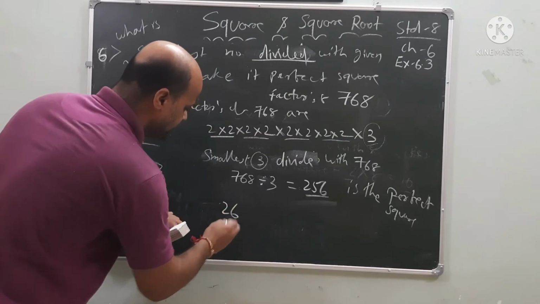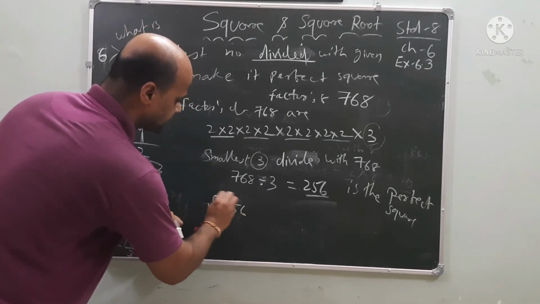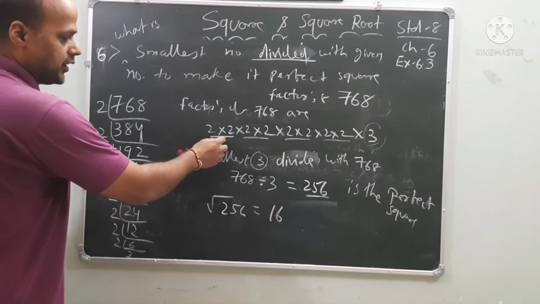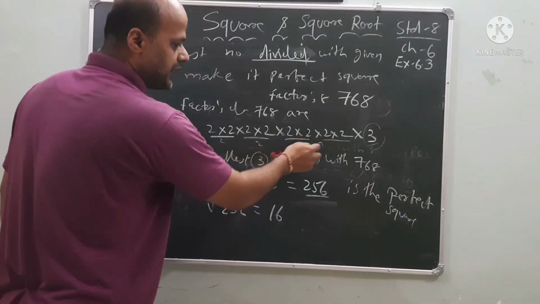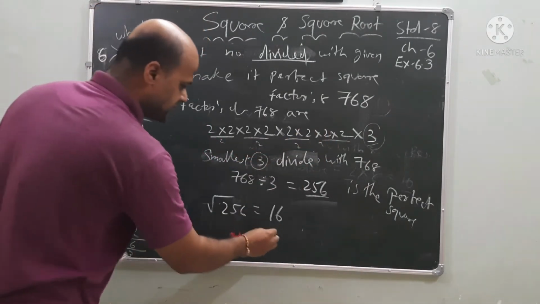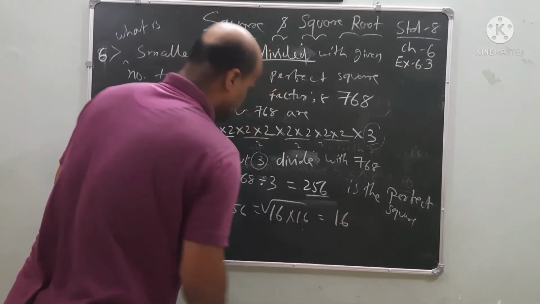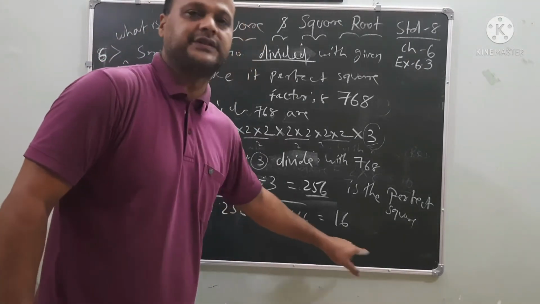The square root of 256 is 16, because here you can find it: 2 2s are 4, 4 2s are 8, 8 2s are 16. So 16 into 16, and it is the perfect square of 16.